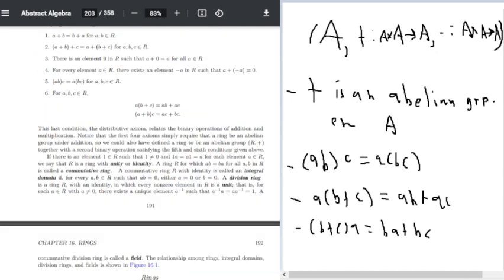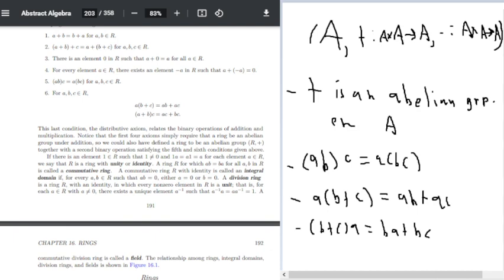This last condition, the distributive axiom, relates the binary operation of addition and multiplication. Notice that the first four axioms simply require that the ring be an abelian group under addition. So we could also have defined a ring to be an abelian group R, plus, together with a second binary operation satisfying the 5th and 6th conditions as given above.